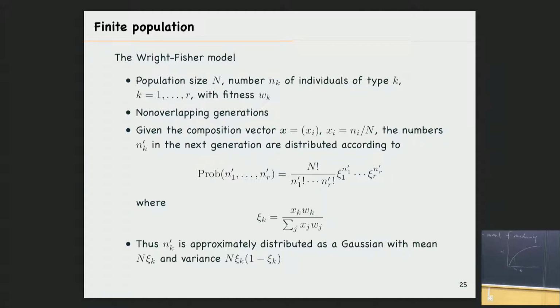And the variance is just the usual binomial variance, when you have a sample of n samples taken with this probability. This is the variance you obtain.